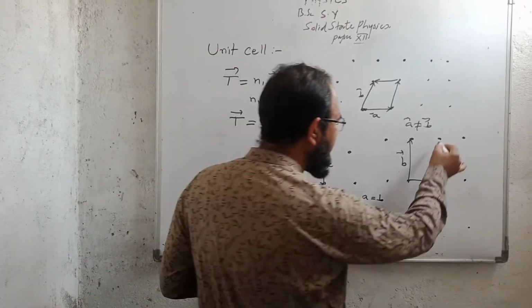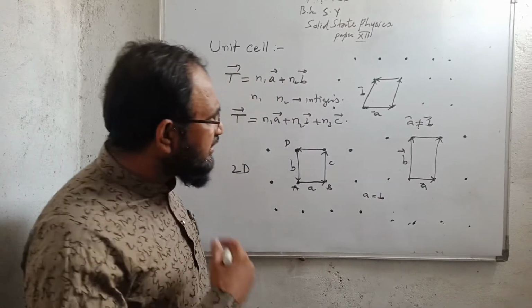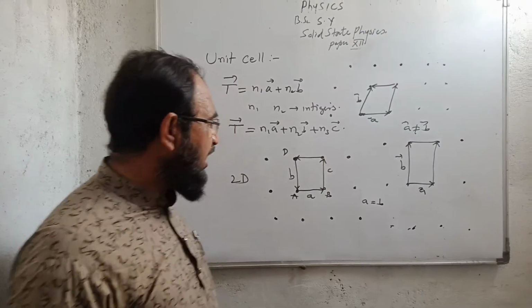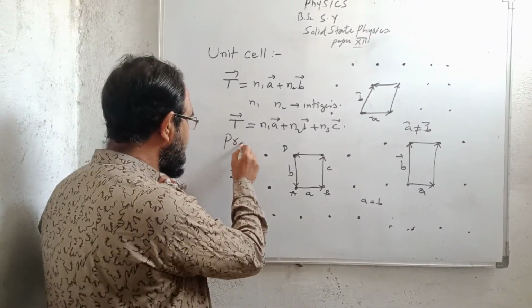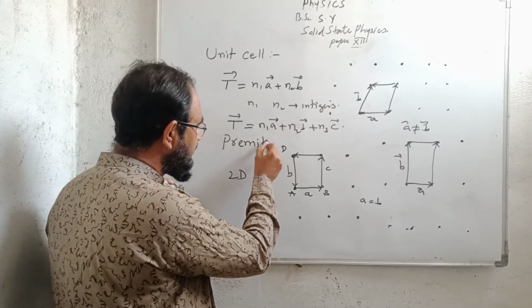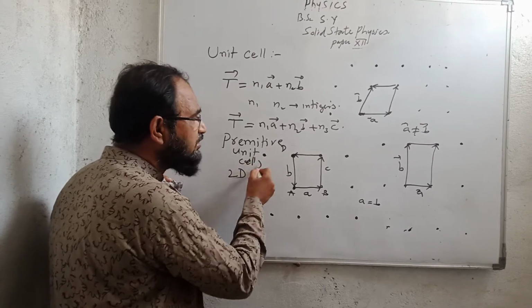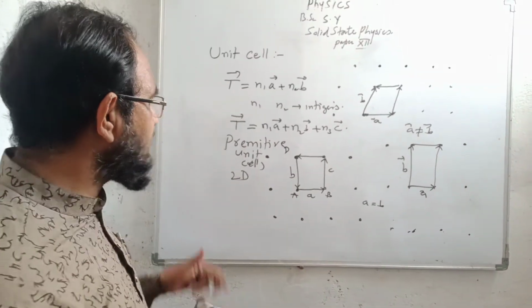So if I combine these, I will get here a unit cell which is a rectangular type of unit cell. So these unit cells are called the primitive unit cells in two-dimensional lattice.